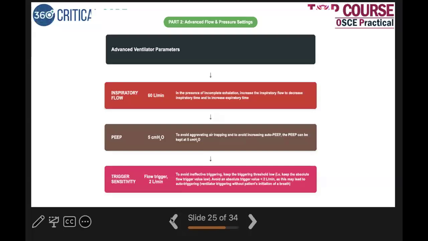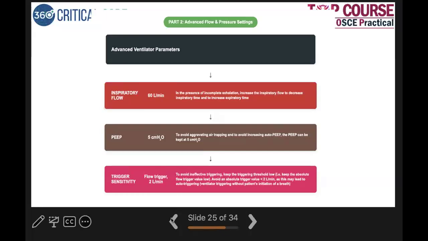Coming on to the trigger sensitivity, the flow trigger sensitivity value recommended per the evidence and the guidelines is 2 liters per minute. If you keep the trigger sensitivity too low, less than 2 liters per minute, it may cause auto triggering, where it can detect cardiac oscillations, circuit leaks, or nebulizers as false trigger breaths, and it can worsen the barotrauma and the dynamic hyperinflation.